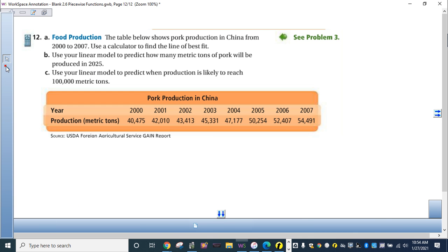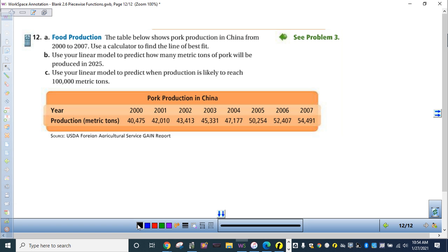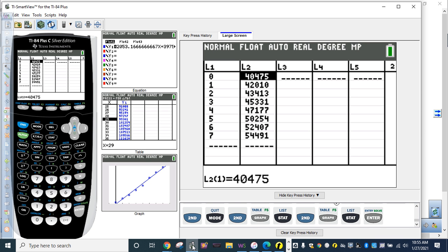I'll be specific when I give you a problem like this on your quiz. I'll say like use 0 for the year 2000. So I just switched the years to 0 through 7, which is why it's like this.